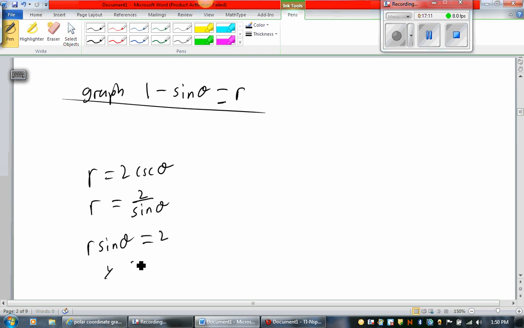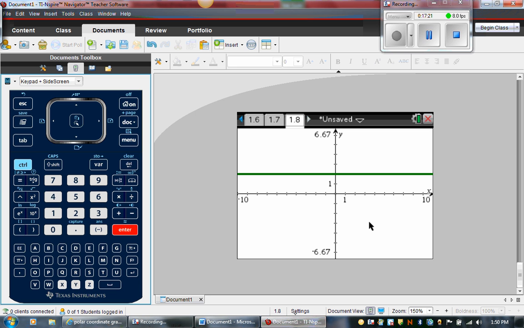R sine theta is y. From my definitions, y equals 2. This is equivalent to the rectangular graph of y equals 2, which is a horizontal line at y equals 2. Notice this is what we got. Okay, so it's really the same thing. It's just expressed a different way.